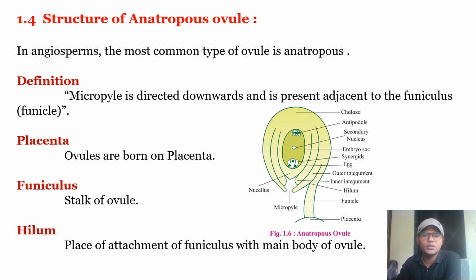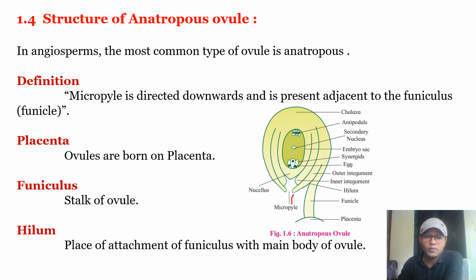Let me show first the differences: anatropous, amphitropous, and third one is called as orthotropous ovule. So what are the differences among them? First, in the definition of anatropous ovule, you will get an idea about anatropous. Micropyle is directed downward.